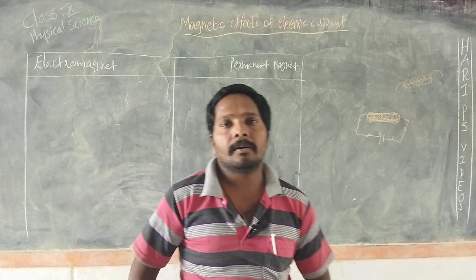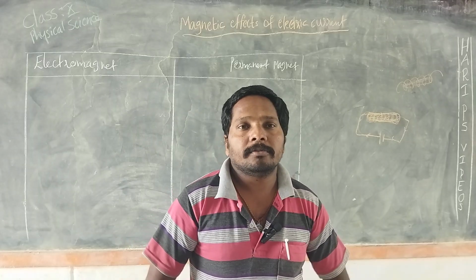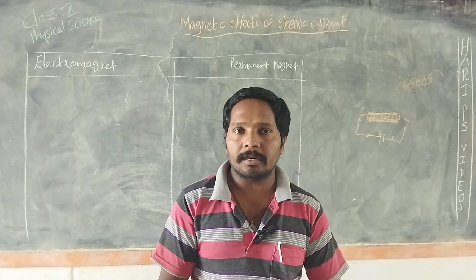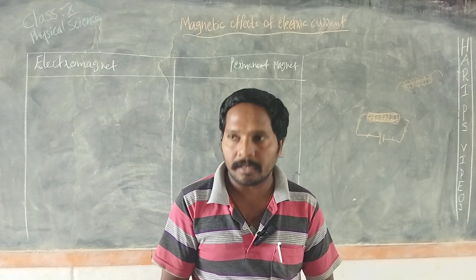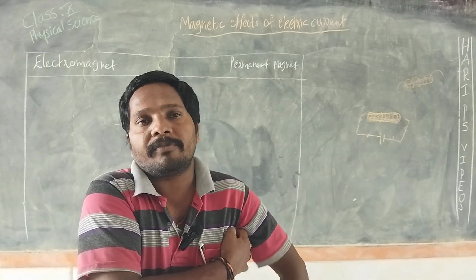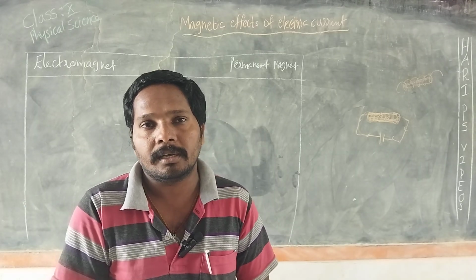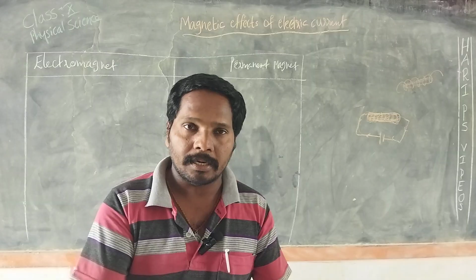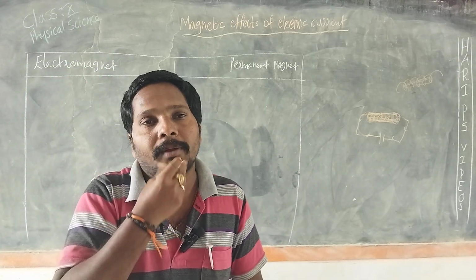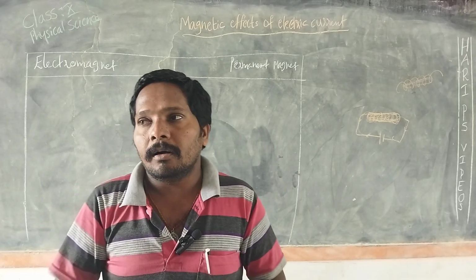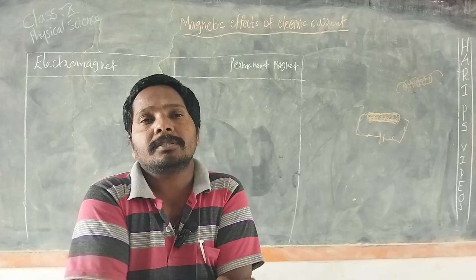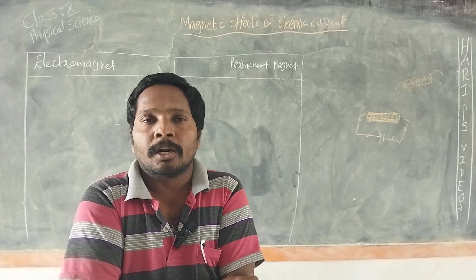So why should we use soft iron only? Soft iron is used for making electromagnets. What will happen if you take other metals? When we use soft iron, after stopping the flow of electric current, it immediately loses its magnetism. That's why we use soft iron for making electromagnets.